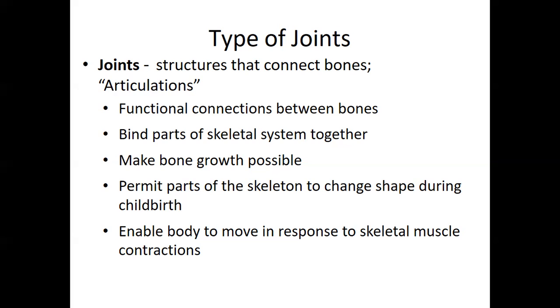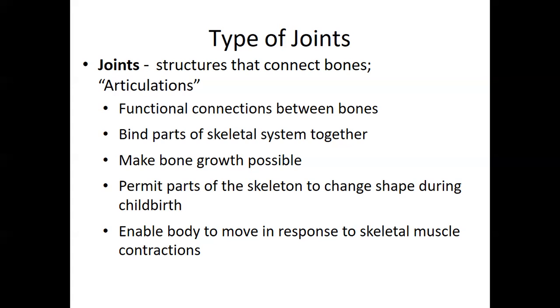These joints make bone growth possible. Remember when we talked about the epiphyseal plate in chapter 7, we talked about this being the place of articulation and where the bone grows. It also permits parts of the skeleton to change shape during childbirth.